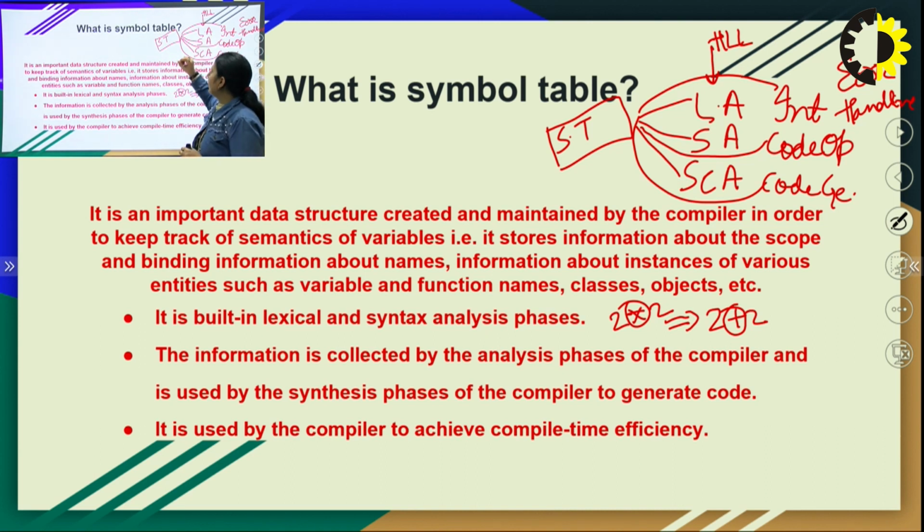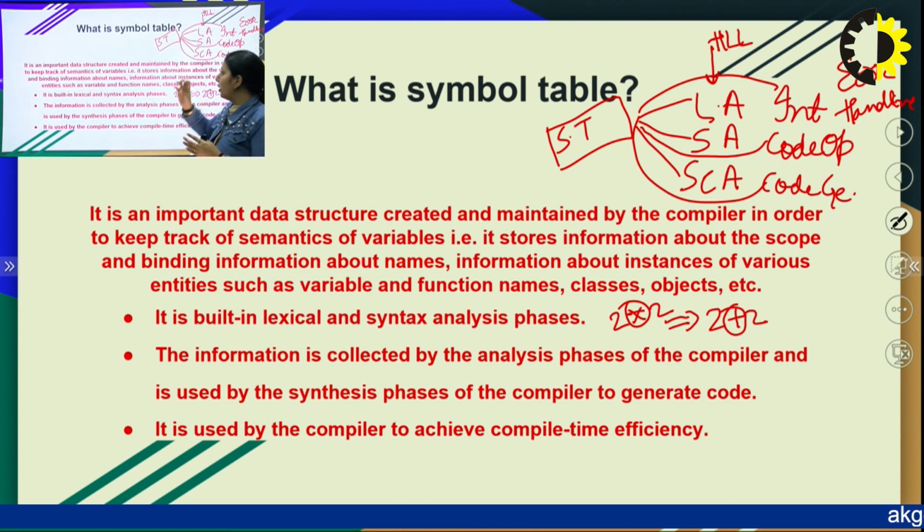Like in the first phase, the lexical analysis phase, what does this do? It converts the source code into a stream of tokens. So it uses the symbol table so that it can store those tokens with their attributes in the symbol table. In the same way, the syntax analysis phase does the same thing. It stores the information.